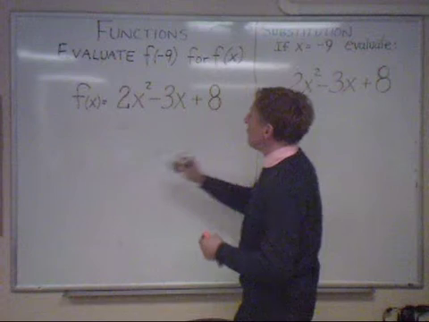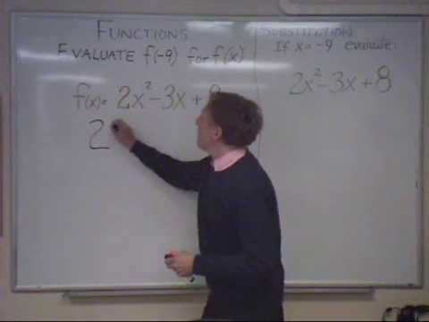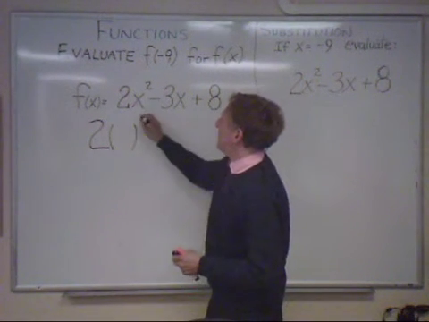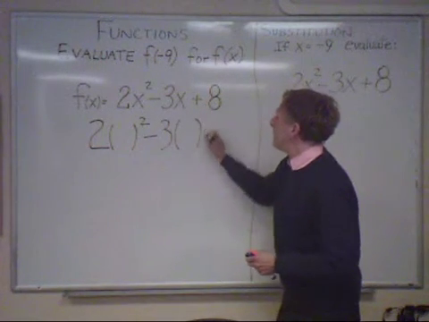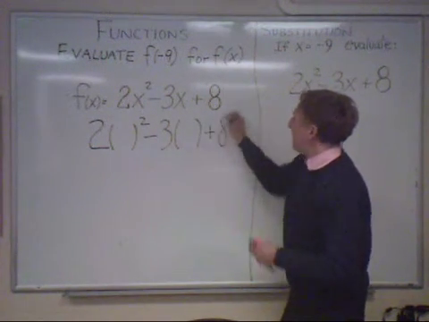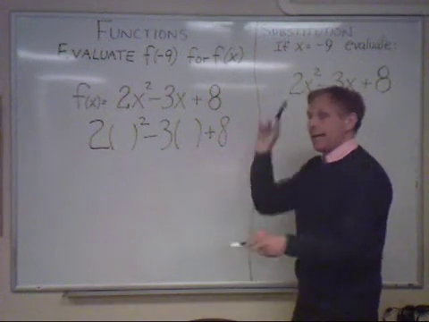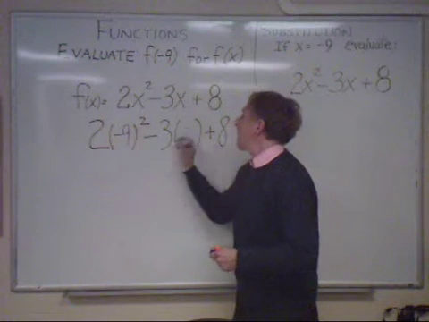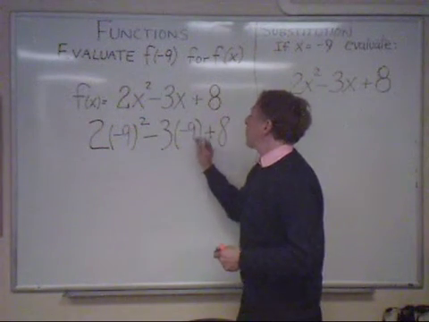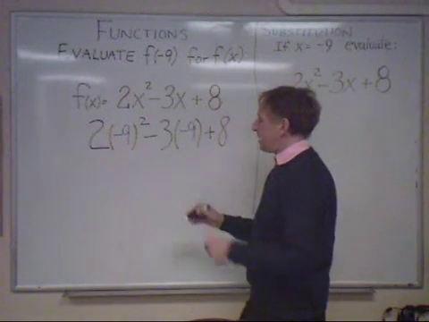So I have to make a parenthesis where the x is, squared, minus 3, parenthesis, plus 8. I'm going to plug in my -9 and then work it out using my order of operations.